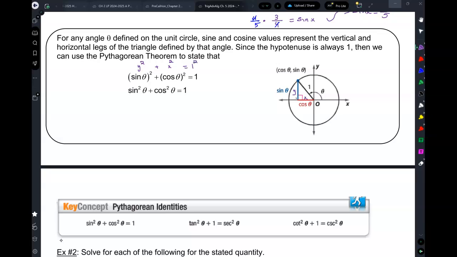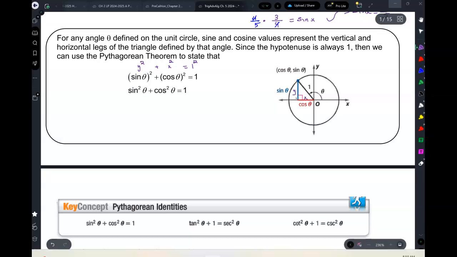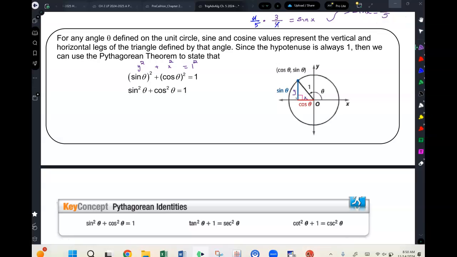But we also know that with the right triangle, the vertical side is always sine. You guys remember that? Vertical is always sine. So it'll always be sine of theta squared and cosine of theta squared. Another way of writing sine of theta squared is sine squared theta, and cosine squared theta, equals 1.